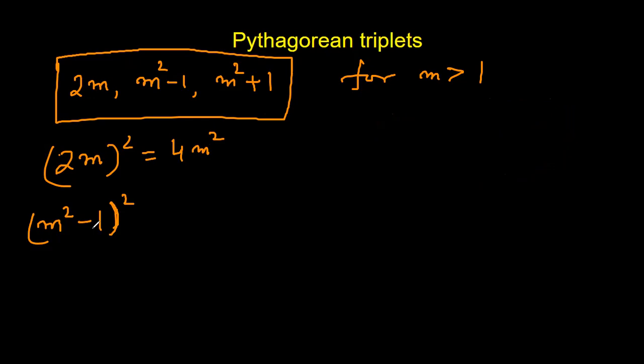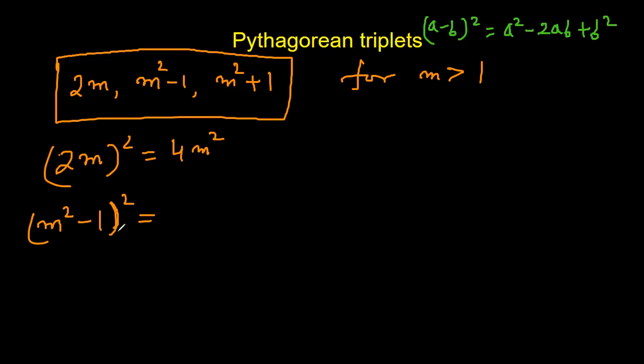This is a minus b whole square, and we know the formula of a minus b whole square. If you do not remember the formula right now, I can write it for you. a minus b whole square can be written as a square minus 2ab plus b square.